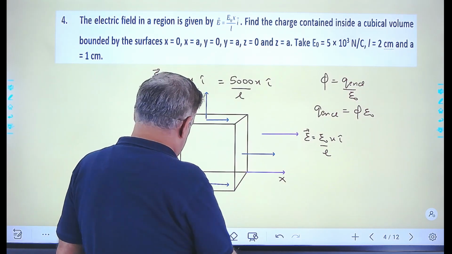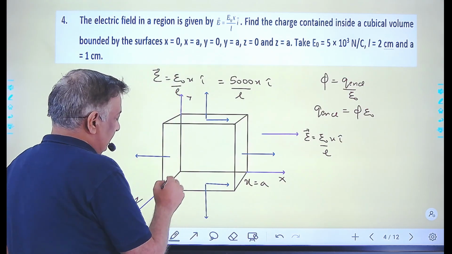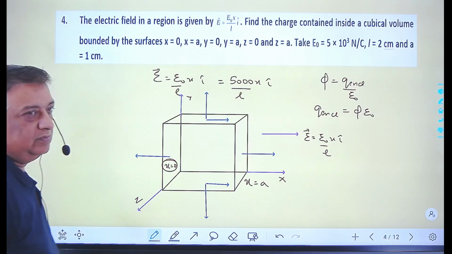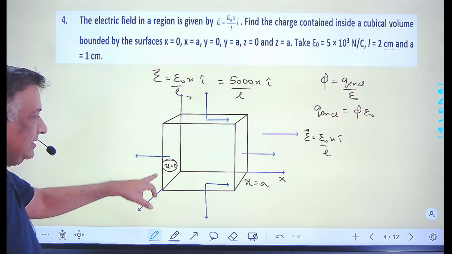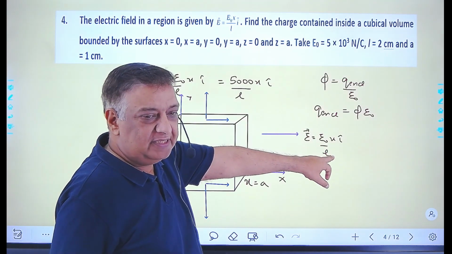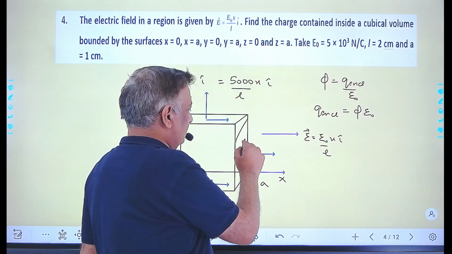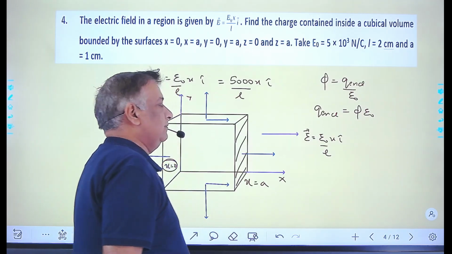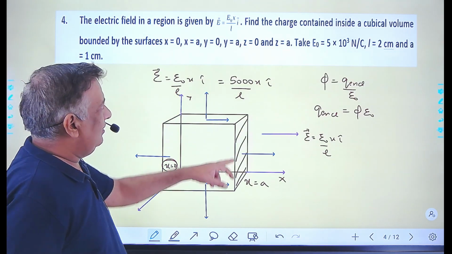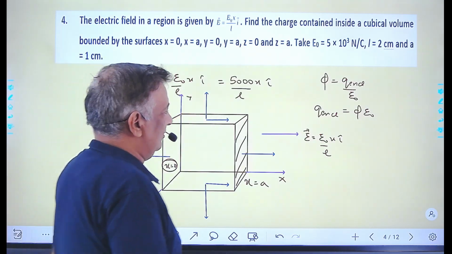For this surface the value of x is a, and for this surface the value of x is 0. That means there is no electric field from here, because x is 0, so the electric field will be 0. So you just have to calculate flux through one surface only. For this, the value of x is a, and a is given as 1 centimeter and L is 2 centimeter.